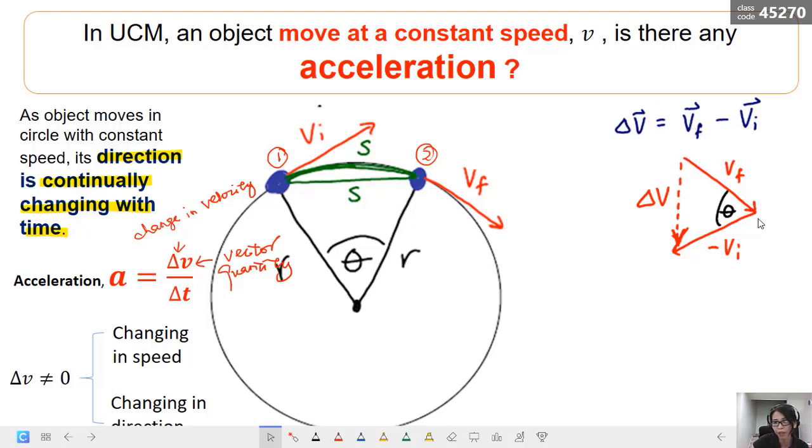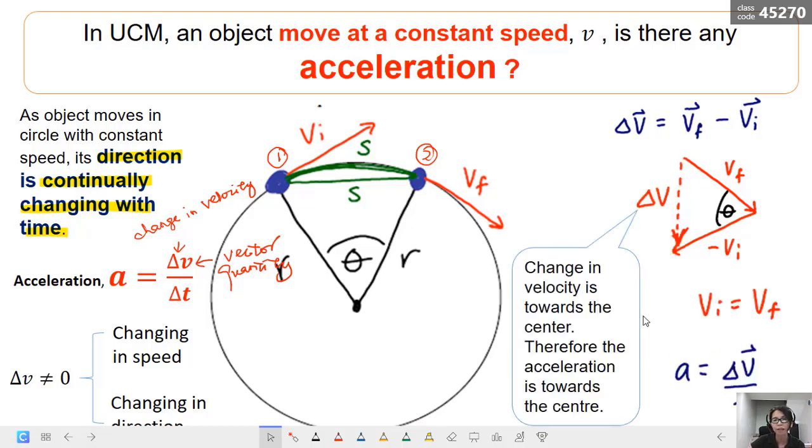When I rearrange the vectors v final and v initial, I find out that this is the change in velocity for an object that moves in circular motion, and this change in velocity always points towards the center. So when there is a change in velocity, it means we are going to have acceleration that always points towards the center.